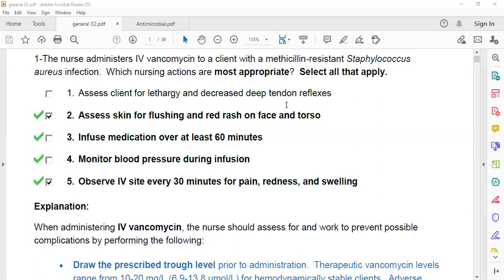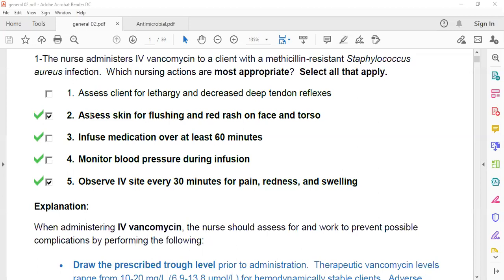We use magnesium sulfate for eclampsia patients in maternity, if the pregnant mother develops a hypertensive crisis, malignant hypertension, after or during delivery. At that time we use magnesium sulfate and check the deep tendon reflex. Number 1 is not related to this question.